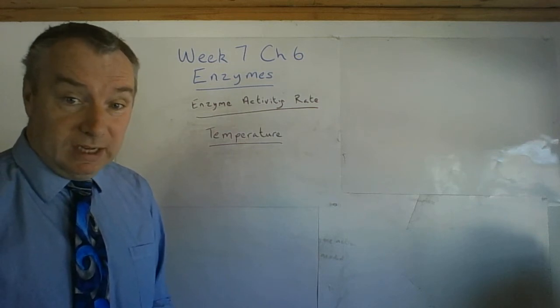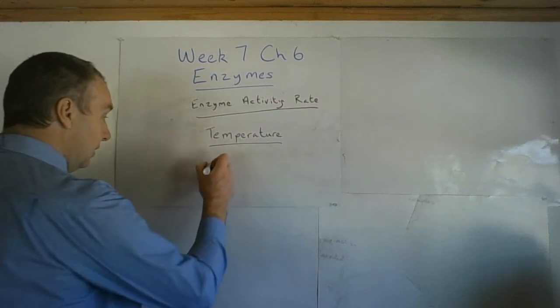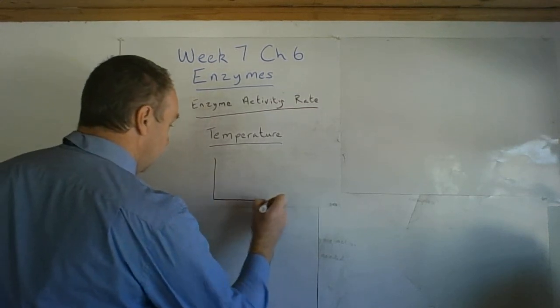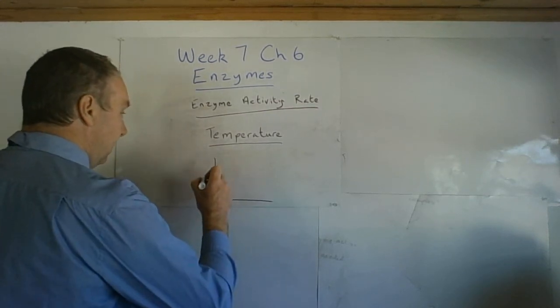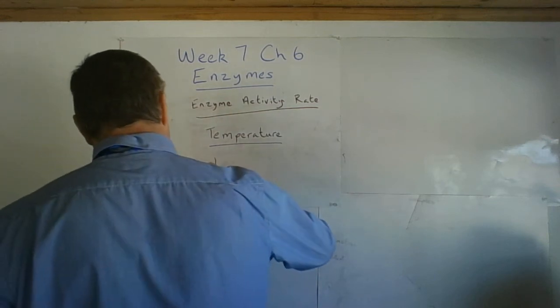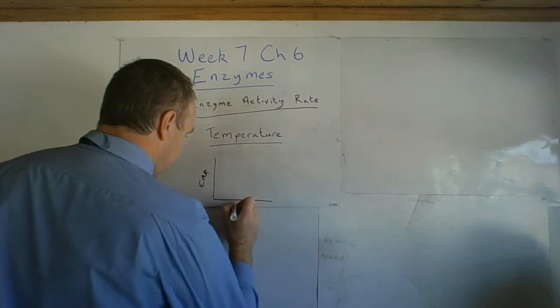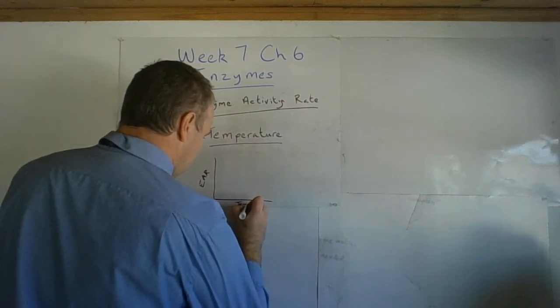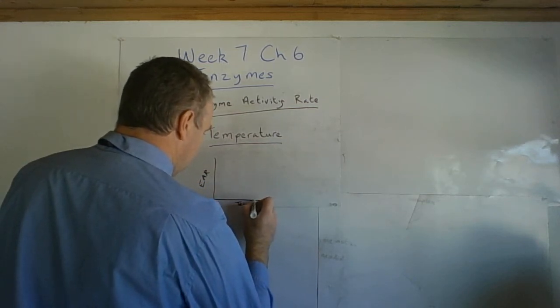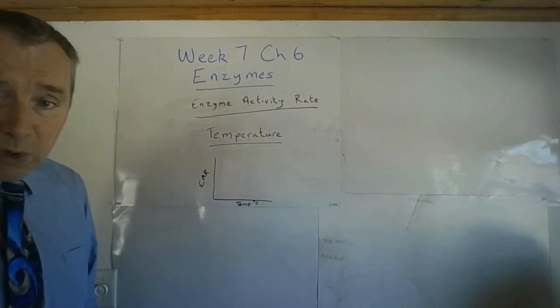They are just slowed down. So what we see is, let's say this is our EAR, and this is temperature, and we'll make it degrees Celsius. So temperature in degrees Celsius.